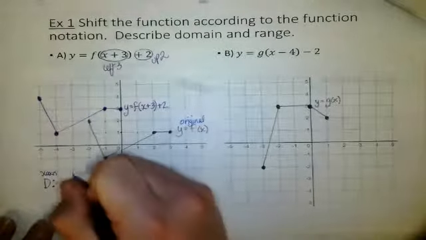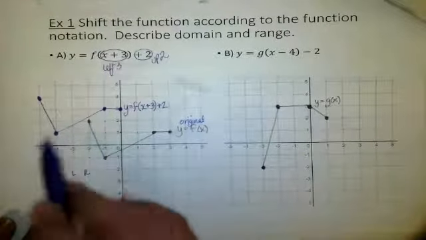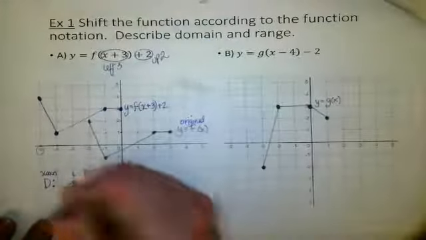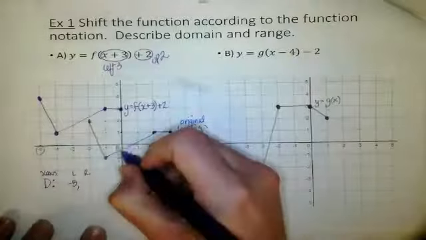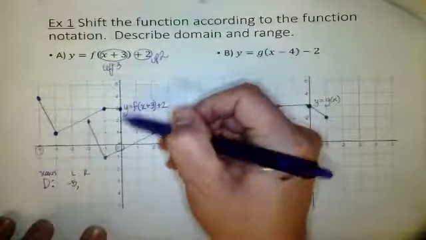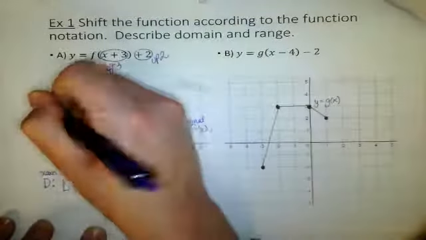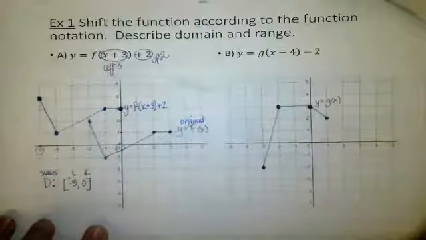So we want to know how far left and how far right does this graph go? -5. There's our furthest left x value. How far to the right does it go? 0. Yeah, right there. There's our furthest right x value, which is 0. And because those are defined points, big giant starting point, big giant ending point, we're going to use brackets on both of those.